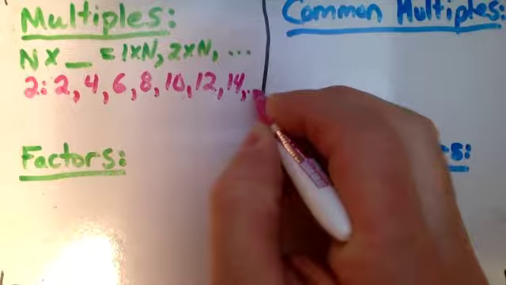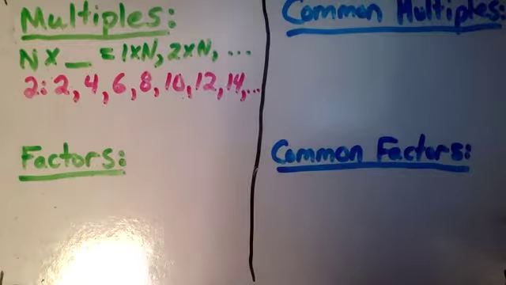And you just keep on going. And you can go until the end of all numbers, which numbers don't end, so you keep on going forever.